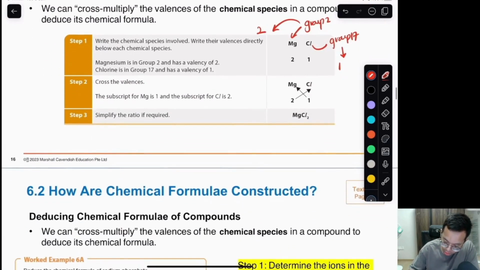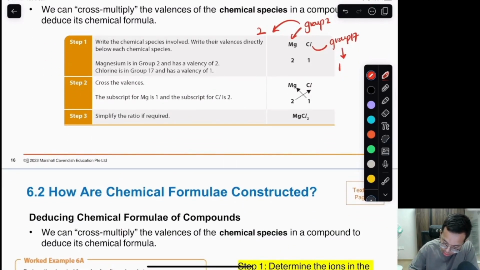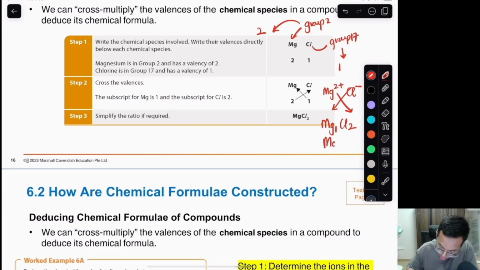Quite easy, you just cross. Mg will form a 2 plus, Cl will form a minus. Take the coefficient. You can do it either way, the one the textbook shows you or my way. So Mg1, Cl2. Again, do we show the 1? We don't show the 1, so we ignore it. So it'll be MgCl2.